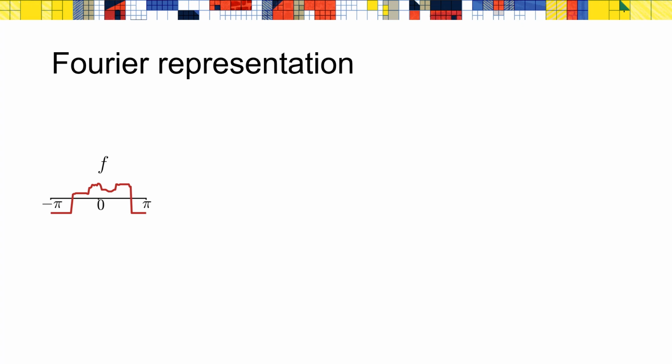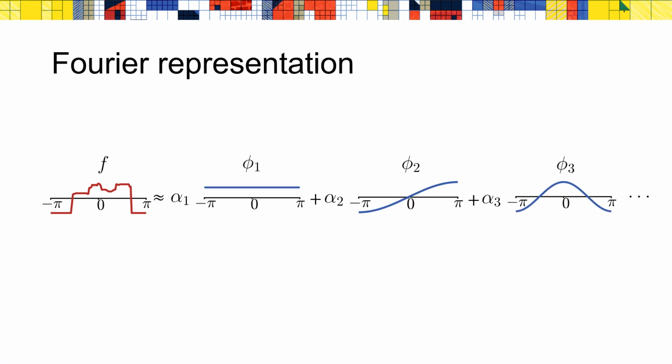A common result from signal processing is that a signal defined on a periodic domain can be well approximated as a linear combination of a given set of basis functions, and these basis functions are the Fourier basis.